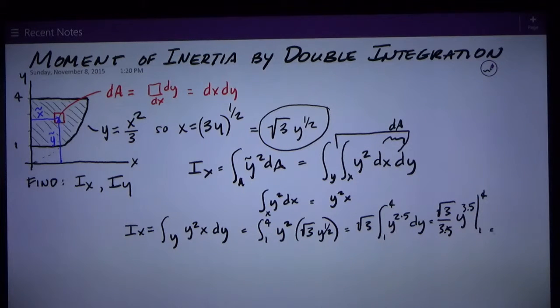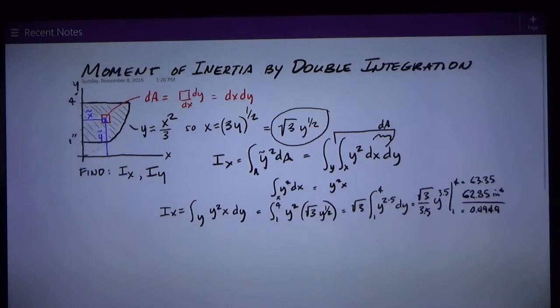At 1, that evaluates to 0.4949, and at 4, it evaluates to approximately 63.35. We subtract one from the other and get 62.85. These are all inches, I forgot to say at the beginning: inches to the 4th. So that's the answer for Ix.